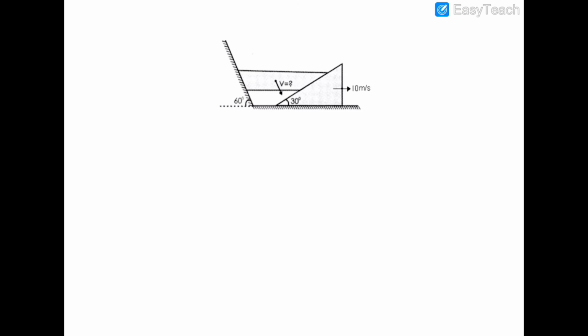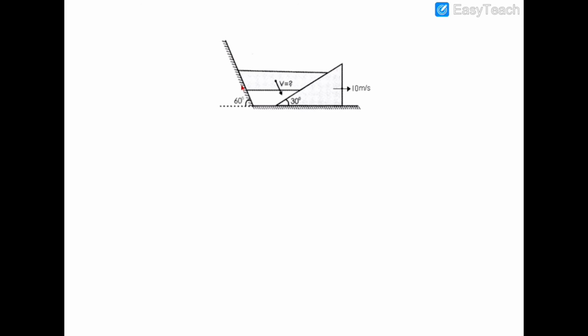Now this block is restricted to move along this contact, so it is obvious that the direction of velocity of this block will be parallel to this contact. In these kinds of problems, you have to remember one thing: this is a fixed contact and it is a moving contact.